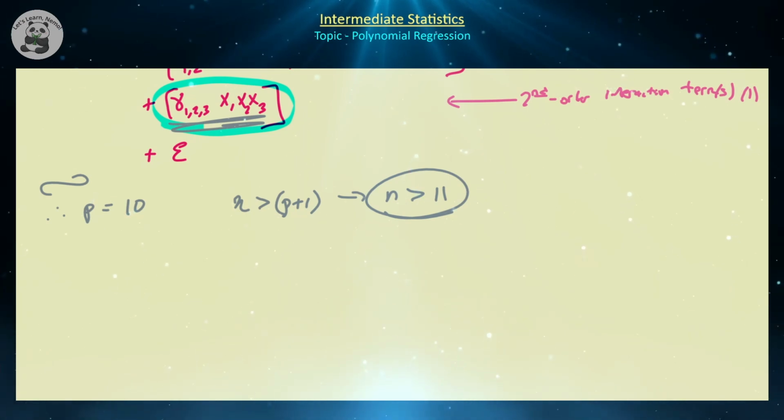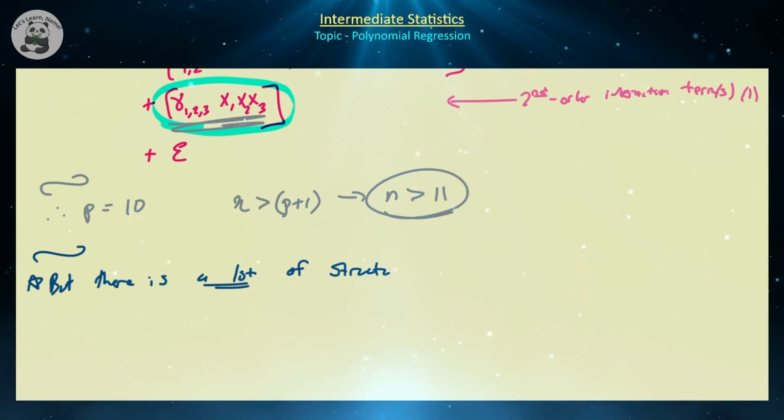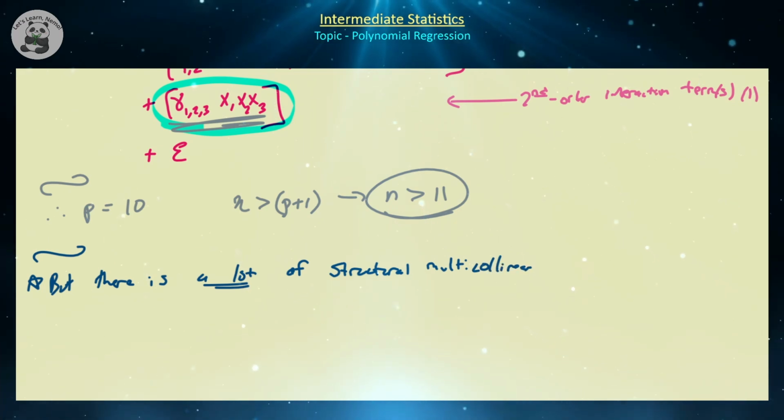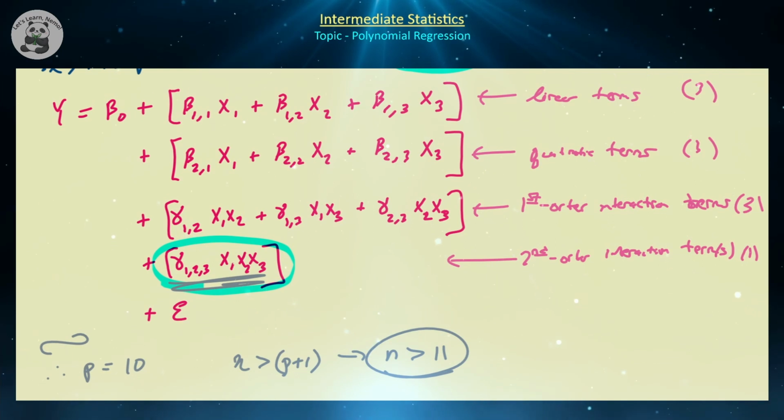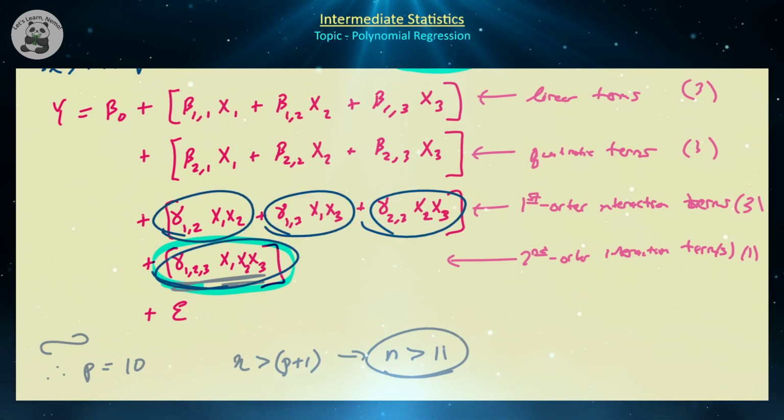But there is a lot of structural multicollinearity. So caution, there is a lot of structural multicollinearity. And why do I say a lot? Well, if you look at our terms, this term, this term, this term, and this term all are bad, right?